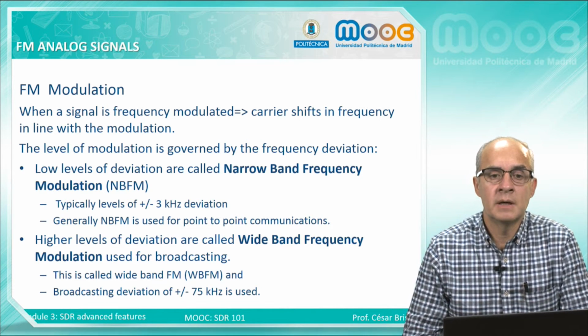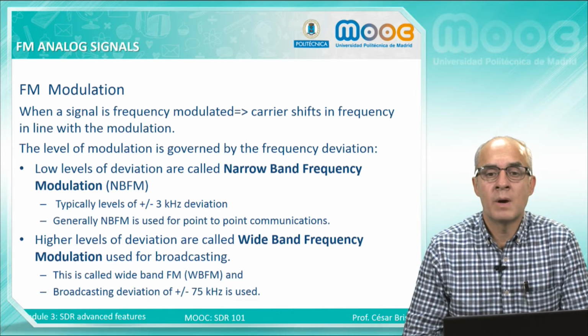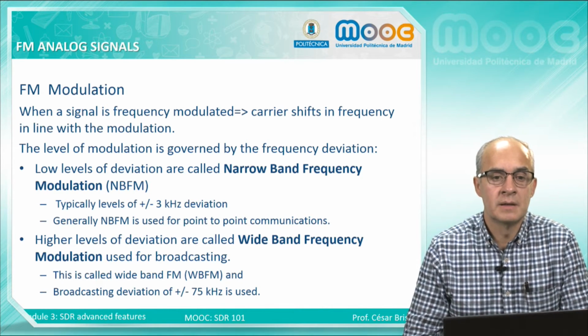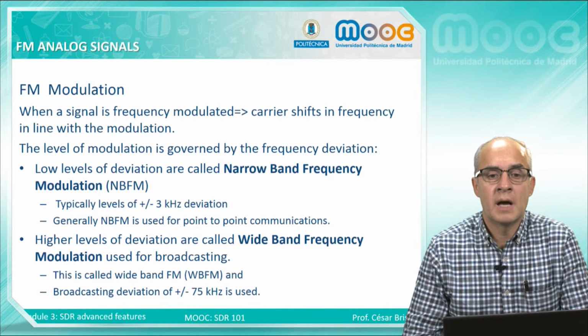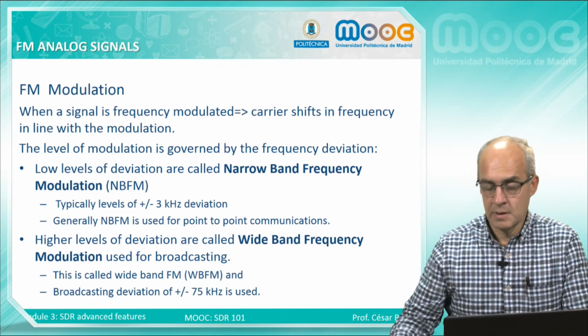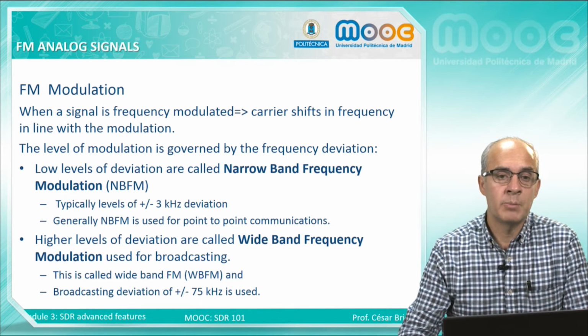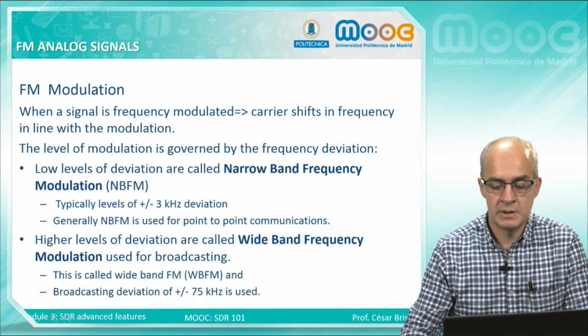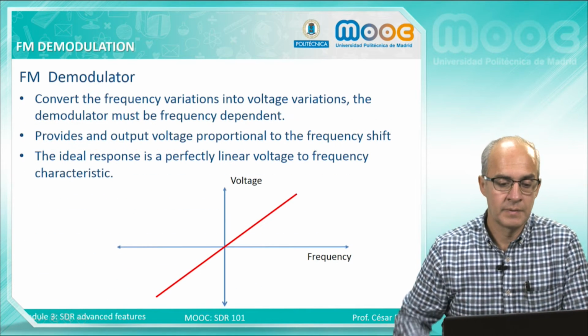High-level modulation deviation is called wideband frequency modulation. This is mainly used for broadcasting, and they use 75 kHz frequency deviation. We are going to do now an example for receiving broadcast FM modulated signals.